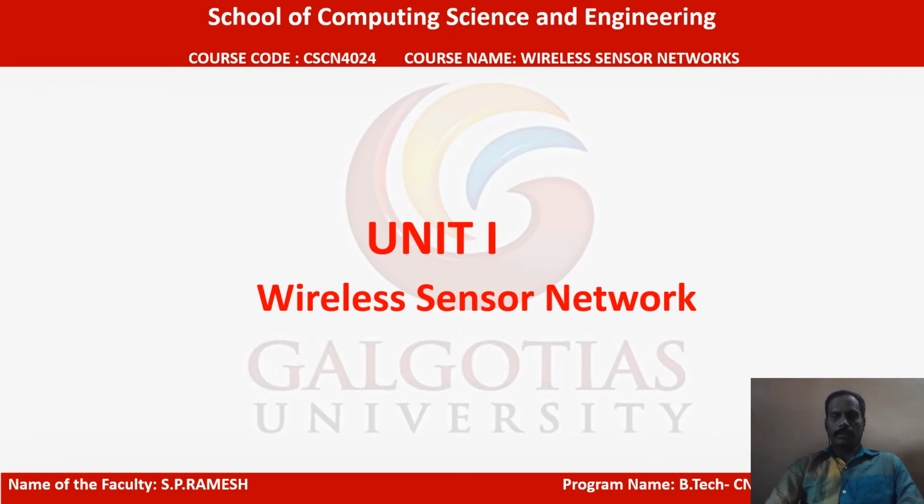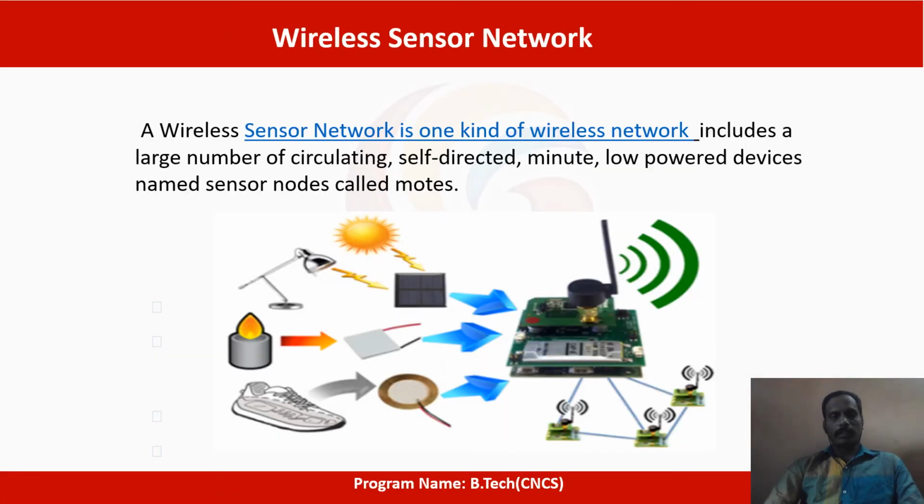Wireless sensor network. So what is a wireless sensor network? A sensor network is one kind of wireless network. It includes a large number of self-directed, tiny, low power devices named sensor nodes.